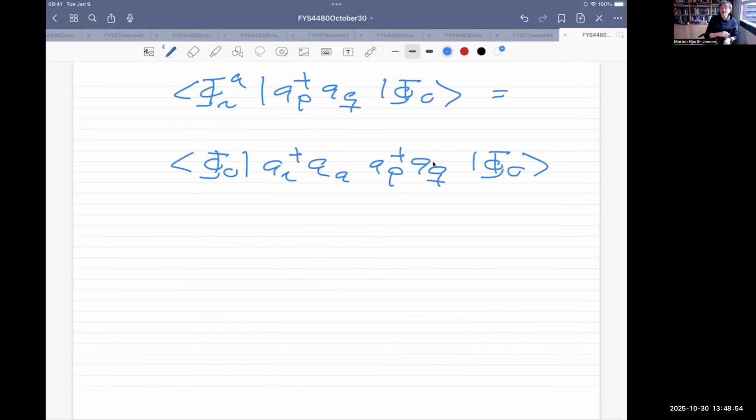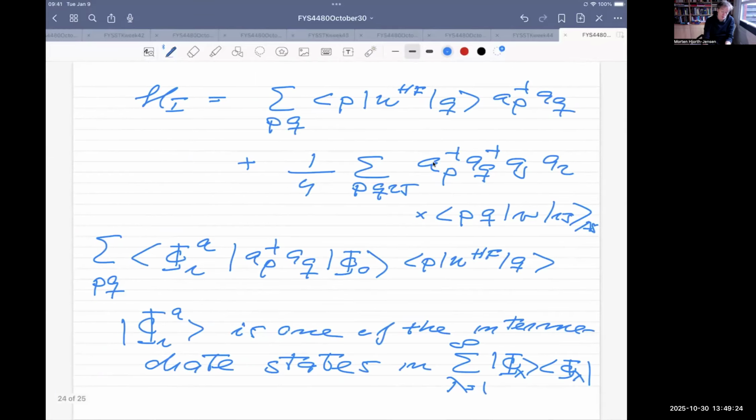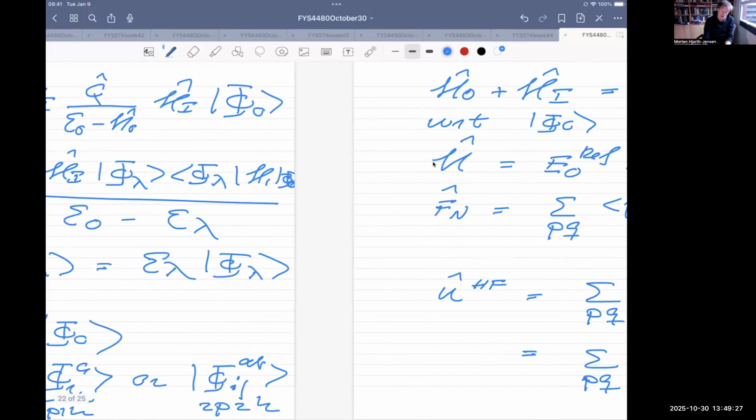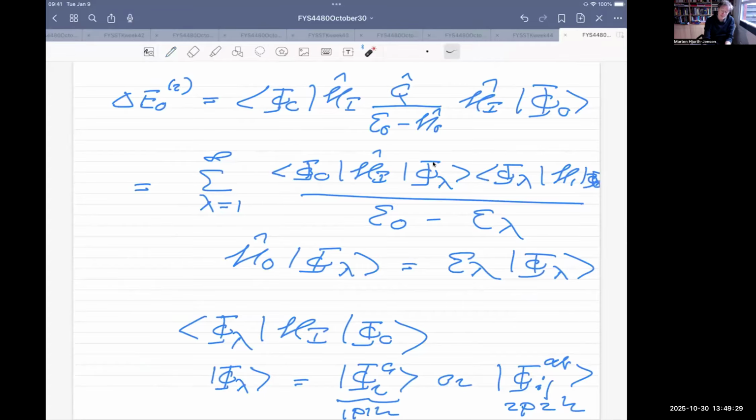So this is all defined with respect to the new reference state, which is phi_0. And then we know, or we found earlier, that the only contractions which are possible are that since a is a particle state, that's this one, and since i is a hole state, it's that one. So that gives us simply delta_pa and delta_qi. So this means that when I now go back and look at these specific contributions, what we are going to get is a summation over intermediate particle-hole states.